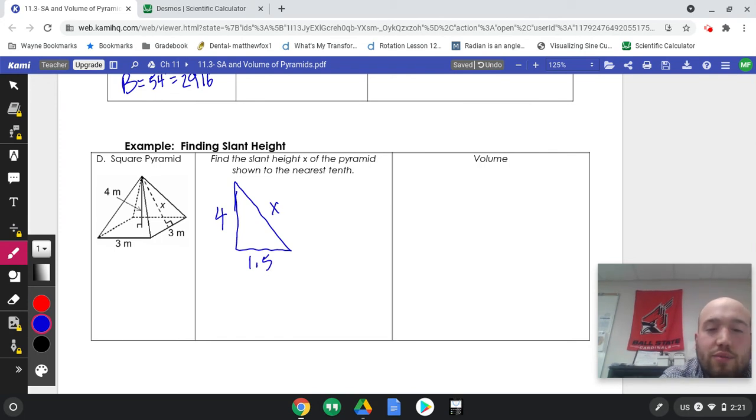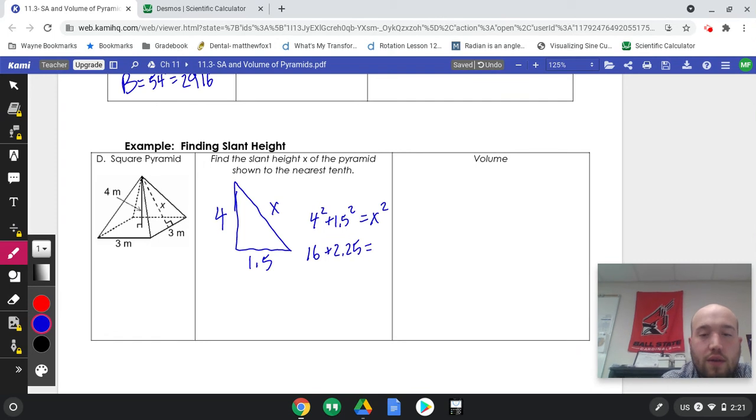Okay, now we can do a squared plus b squared. And that will tell us what c squared is. So a squared, 4 squared is 16. 1.5 squared, you might not be able to do this in your head, that's fine, but it's 2.25. That equals x squared. We add those together, we get 18.25 equals x squared. We got to take the square root of both sides.